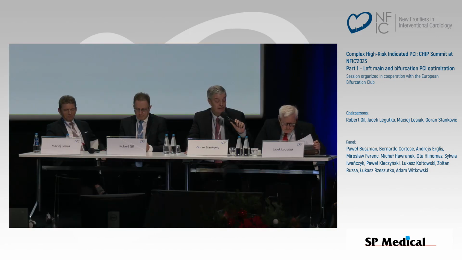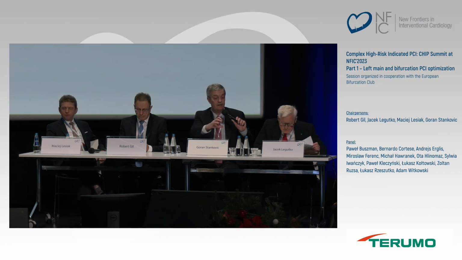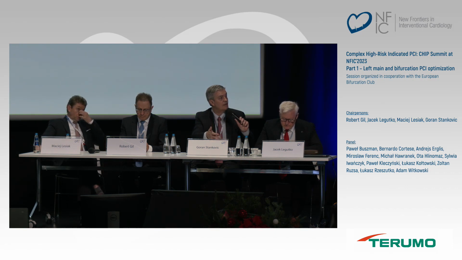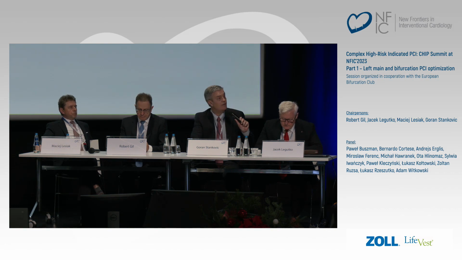We don't have a clear answer, but what we strongly believe is that fixing the bifurcation with inadequate expansion and a lot of metal at the bifurcation site changes the pattern of flow, increasing thrombogenicity. The only study in the left main, which Renu Virmani published, showed that predictors of left main stent thrombosis are, one, malapposition in the polygon of confluence, and two, struts across the ostium of the circumflex.